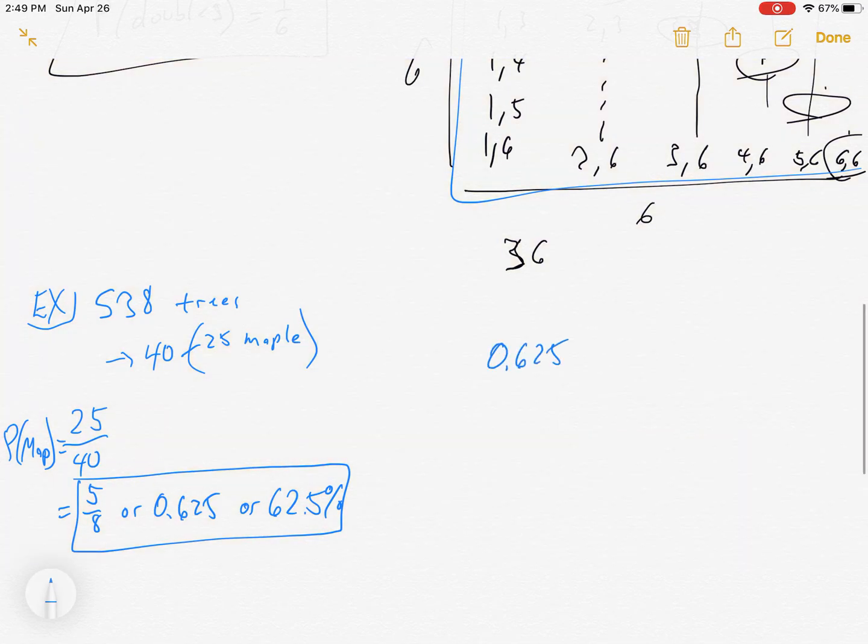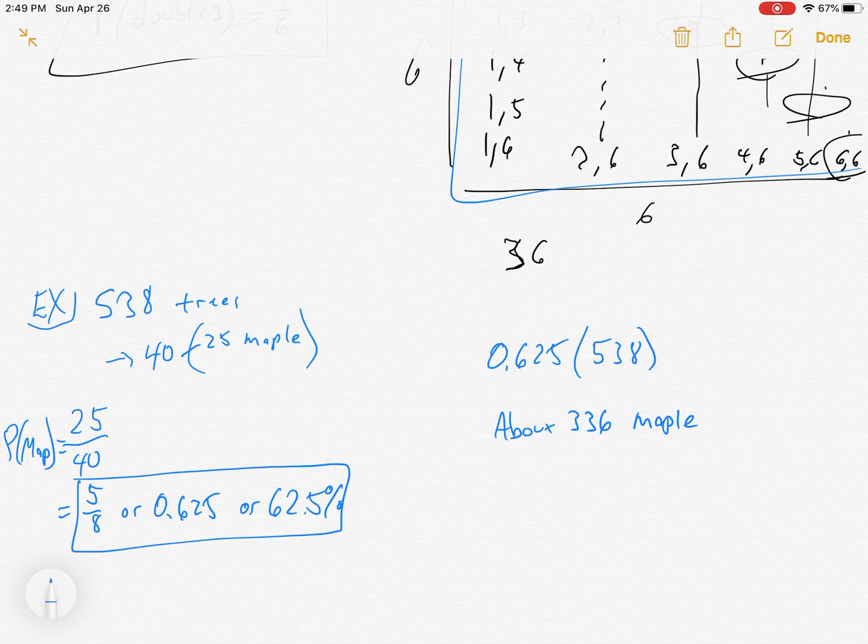Then it says how many trees in the park are likely to be maple trees. Well, based on this, I can multiply this experimental probability by the number of trees, right? So every tree has a 0.625 chance of being maple. So I multiply that by 538, and I'll expect it to be a little bit over half. And I did not write the answer down.